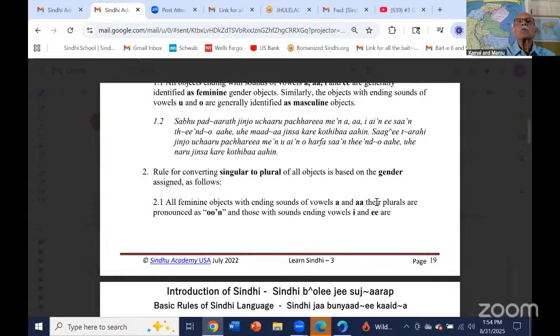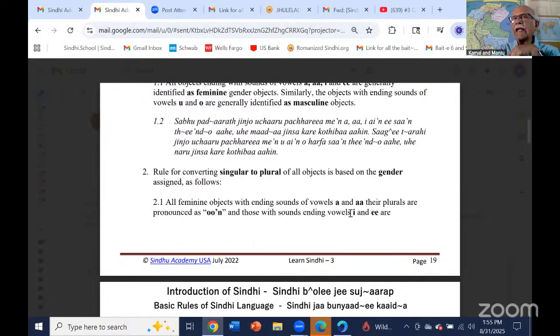Now, the plural of A. Objects with singular A, like angu, zala. When there is more than one, the plural is given the sound. Zala, what will the plural be? Zalun. Ye ba, ye bhun. You got it? Zal, zalun.